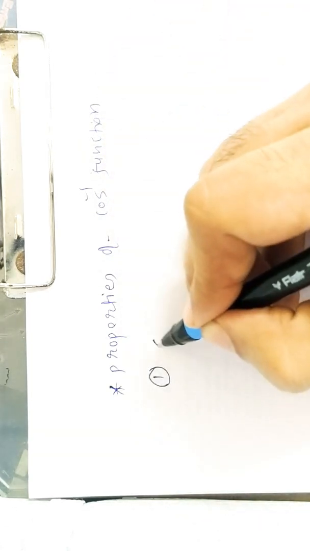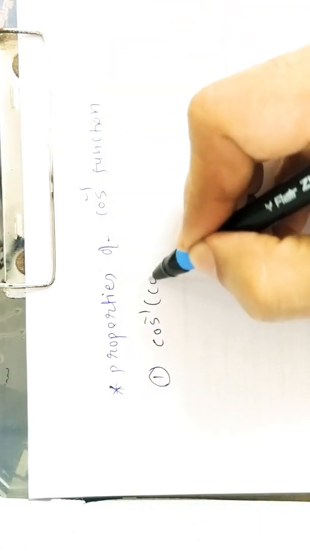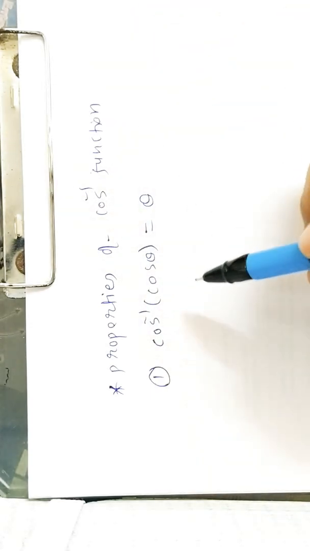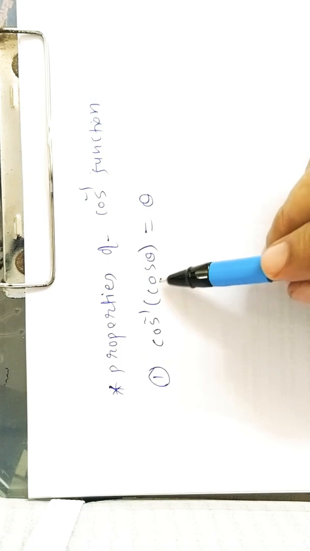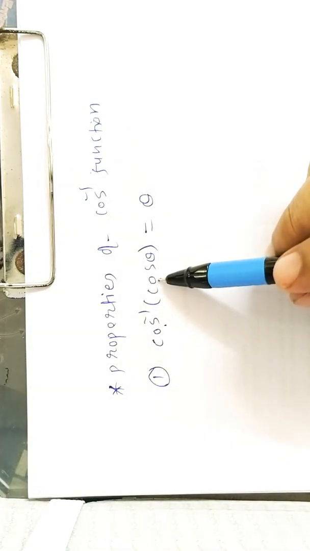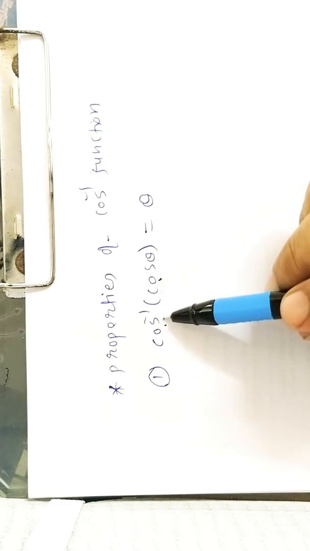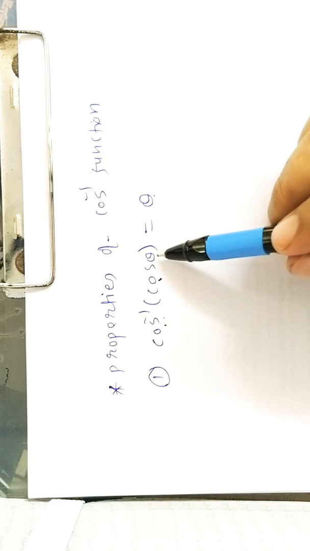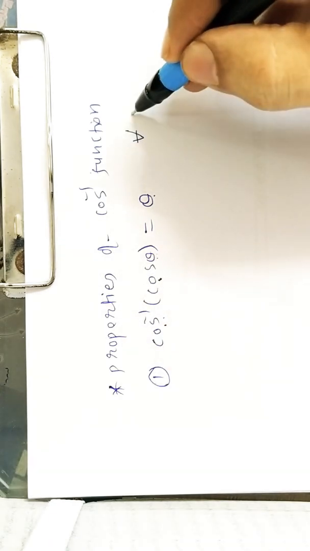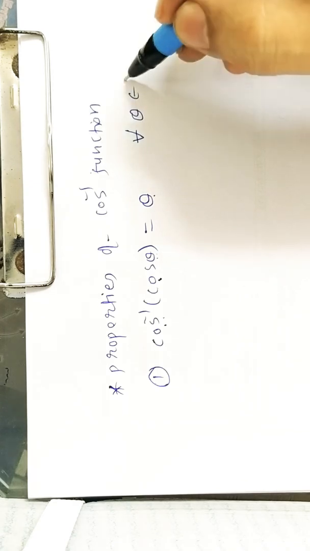For example, cos inverse cos theta is equal to theta. This is the composition of cos and cos inverse. The composition of a function and its inverse is equal to the identity function if theta belongs to 0 to pi.